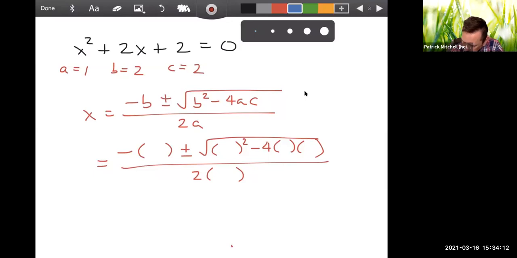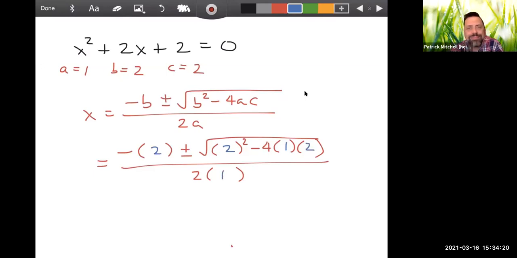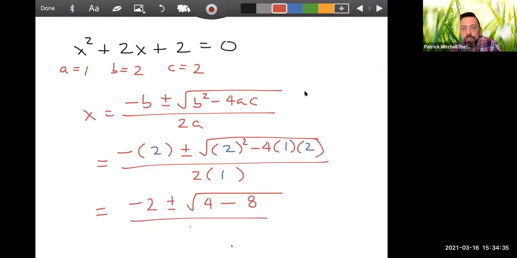So b is 2. B is still 2. A is 1. C is 2. A is 1. Okay, so we have negative 2 plus or minus the square root of 4 minus 8, and that's all over 2.